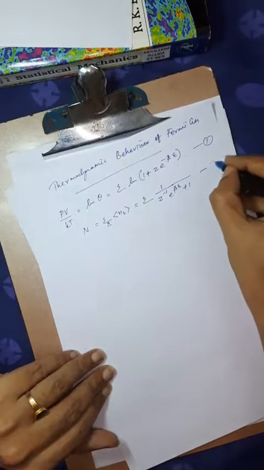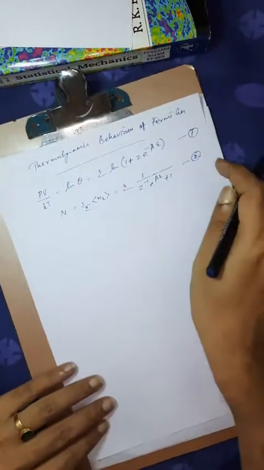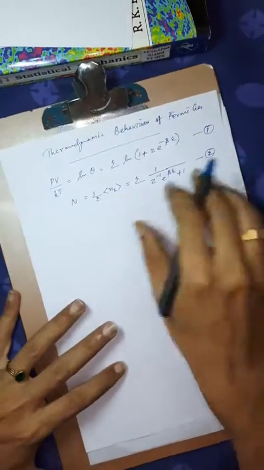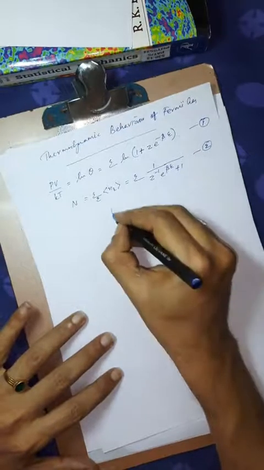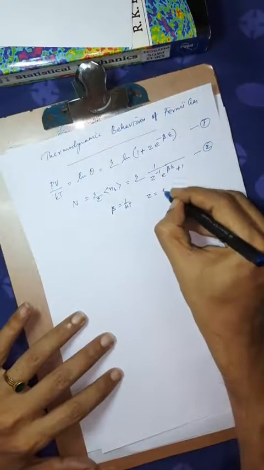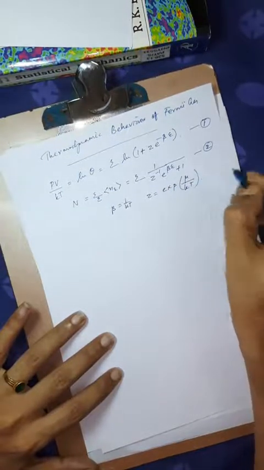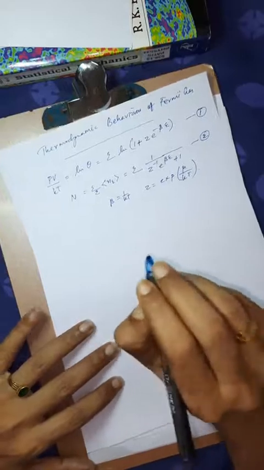So we had some equation number there probably, but now let me put new expressions as equations 1 and 2. And we know that beta is equal to 1 by kT and z is equal to exponential mu by kT. All these stuffs we know.